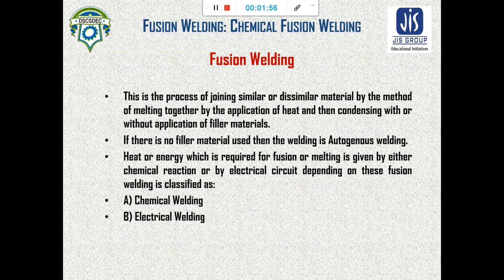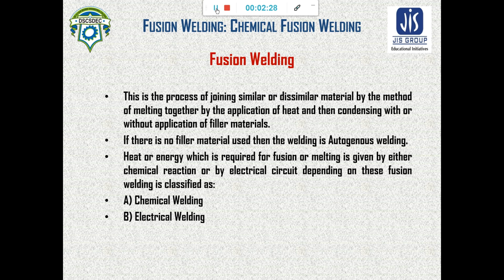So what is fusion welding? Fusion welding is mainly liquid state welding. It is the process of joining similar or dissimilar materials by melting them together by application of heat, then solidifying, with or without the application of filler material.